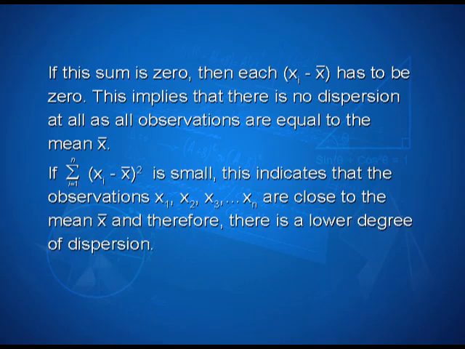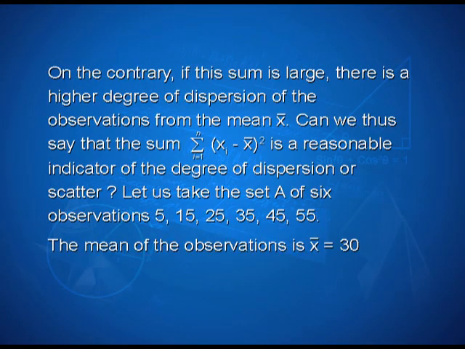If the summation, i ranging from 1 to n, of (xi minus x bar) whole square is small, this indicates that the observations x1, x2, x3 and so on up to xn are close to the mean x bar, and therefore there is a lower degree of dispersion. On the contrary, if this sum is large, there is a higher degree of dispersion of the observations from the mean x bar.